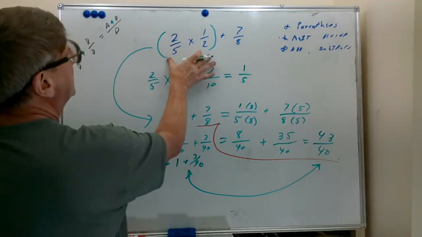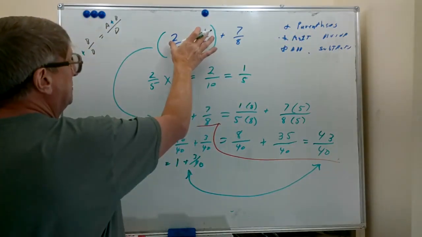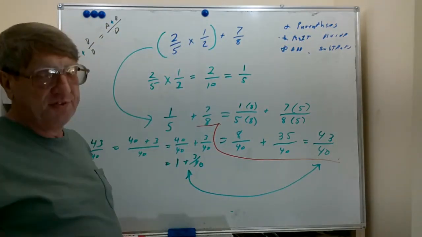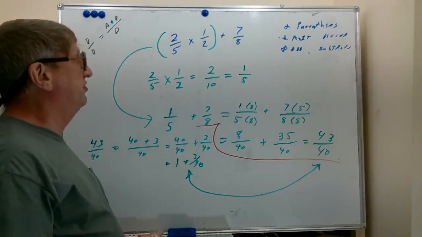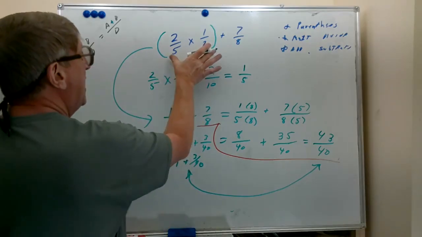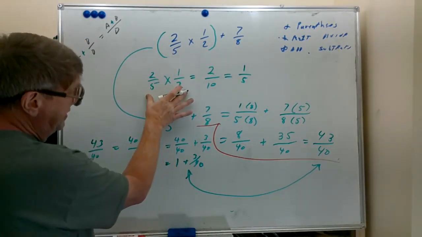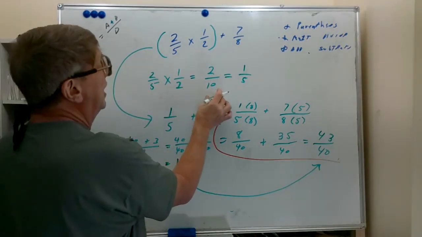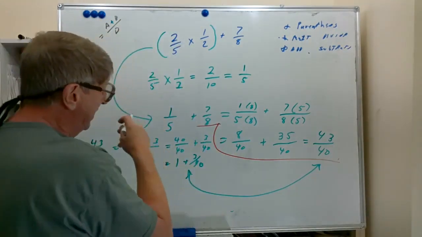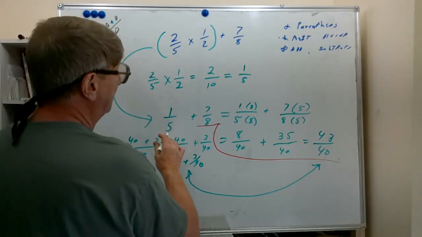So we started with this. We applied the order of operations, found that we had to do the multiply first. I put parentheses on there, not necessary, but just to keep my eye focused on doing this part first. So I carried that down there. I did the multiplication. I reduced it to lowest terms. Then we substituted it here, and we brought the 7/8 down.